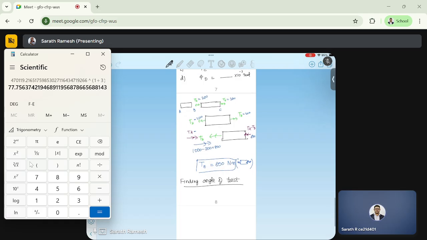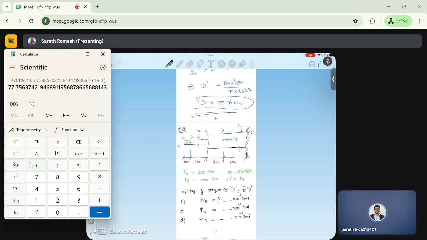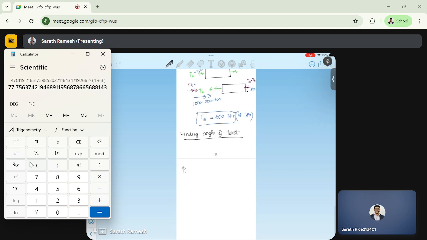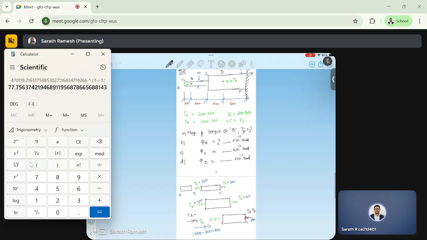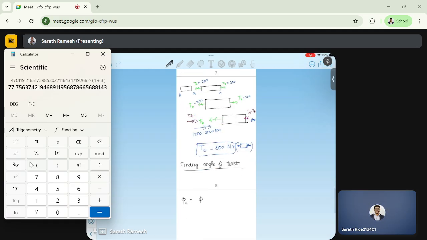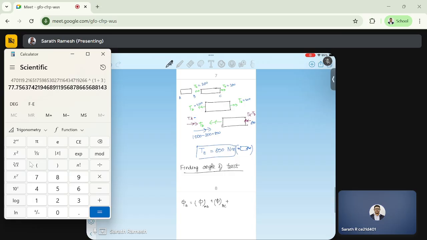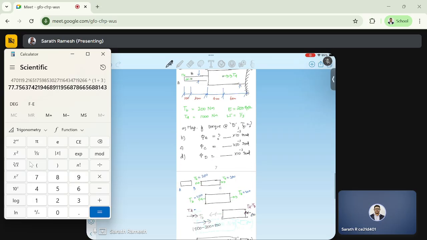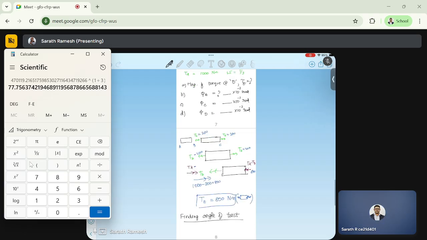Finding angle of twist. Now, if I want to find the twist at say A, the twist at A will be equal to the twist in the AB portion, and then twist in the BC portion, twist in the CD portion, and twist in the DE portion.